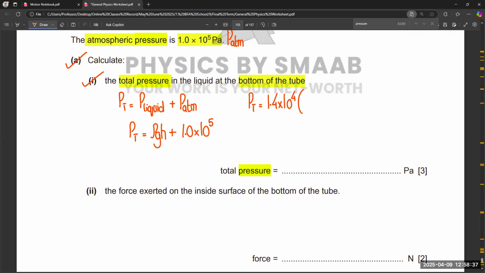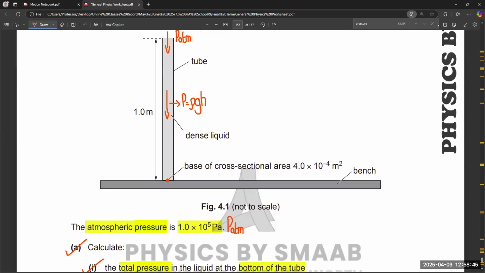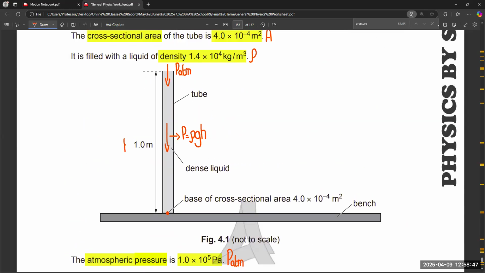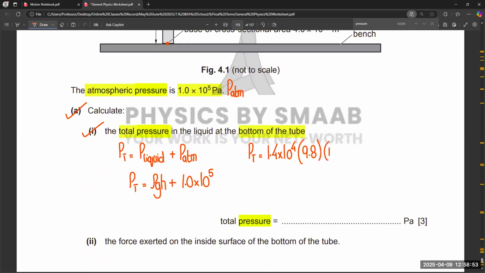The value of g is constant, 9.8. And for height, it is given that the total height of the tube is 1 meter. So that will be equal to 1, plus atmospheric pressure, which is constant. So now you can calculate with a calculator the final value of the total pressure acting at the base of the liquid.